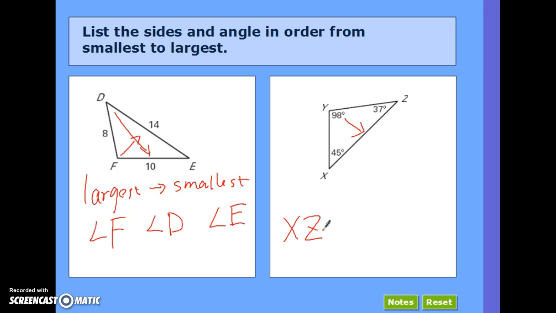And then the middle side will be the side opposite to the middle angle, which is 45 degrees. So the side YZ will be the middle side. And then the shortest side will be the side facing the smallest angle. So the side YX will be the shortest side in this triangle.